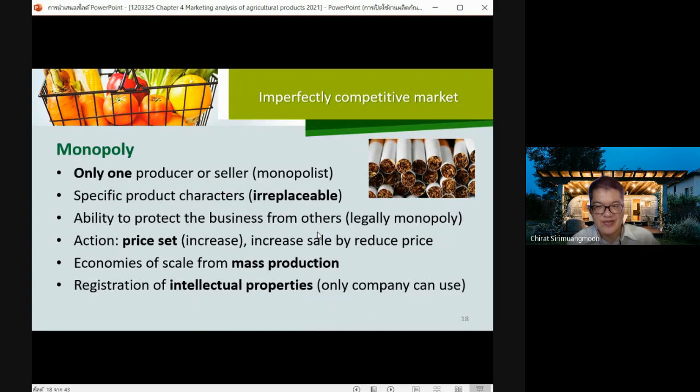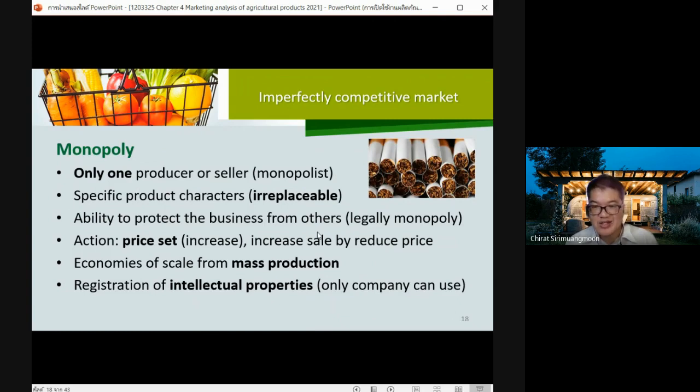So you need to have a specific type. You have that right, and you do it by yourself, only one for the whole market. And then they also need to think about the product characteristic, which is going to be very special.